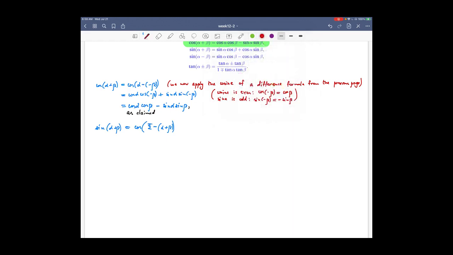That is a co-function identity. Now apply the cosine of a difference formula.